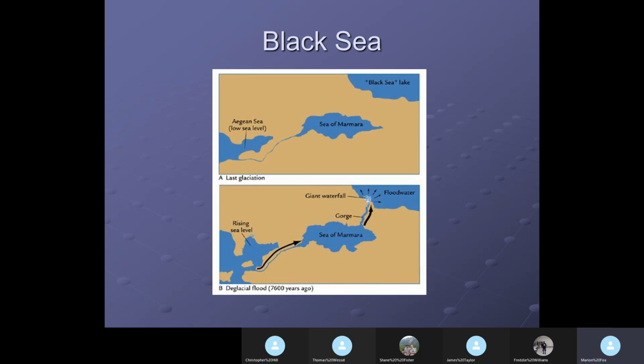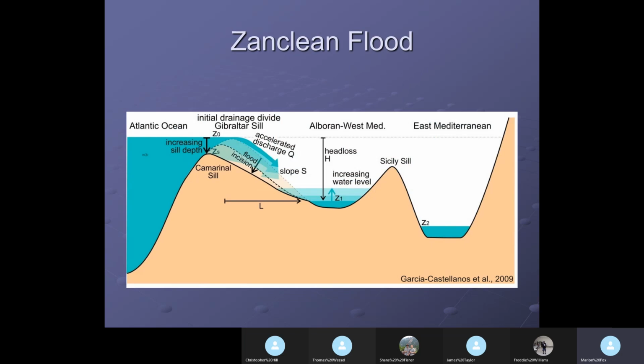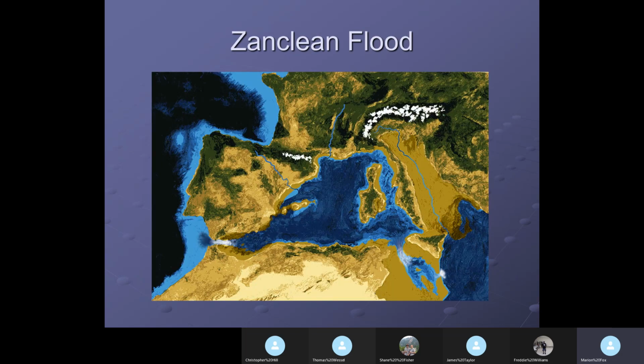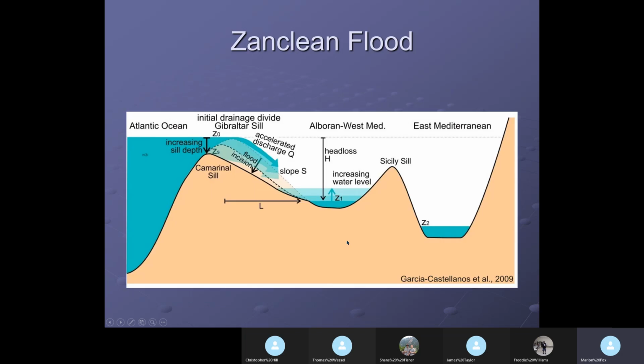There'd be times when it would be low level, and then it would breach the Black Sea and come in and fill it up, and then once the Black Sea emptied and its level went down, then it started to evaporate again. And finally, at some point, it breached Gibraltar, and that would take care of it and keep it full. Okay.